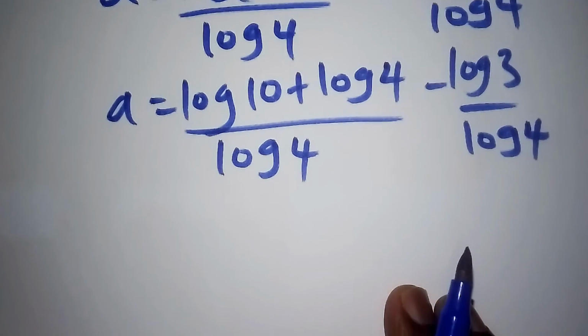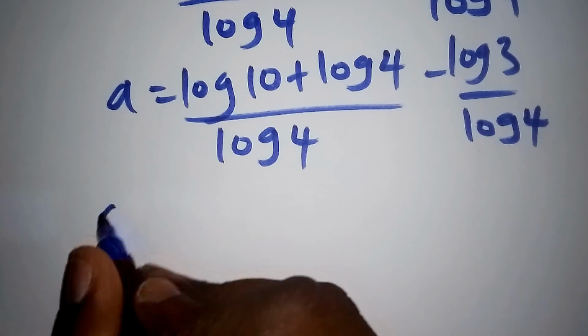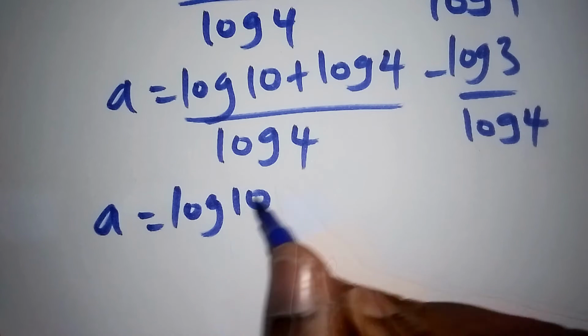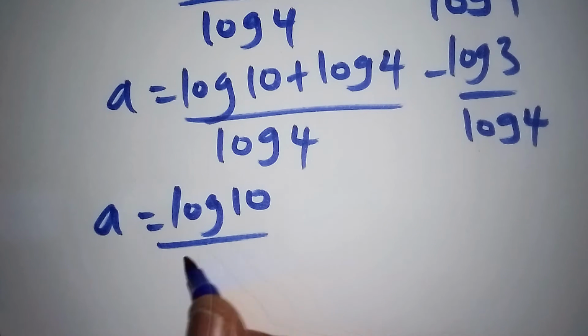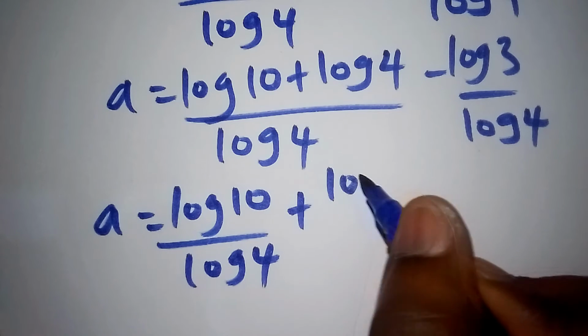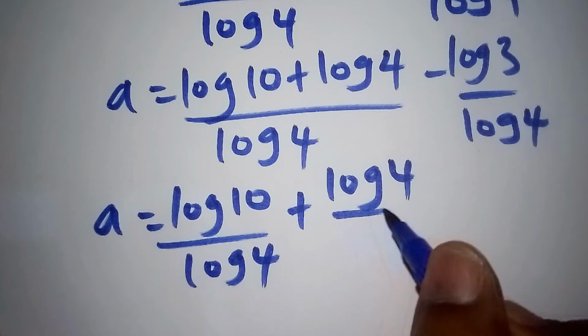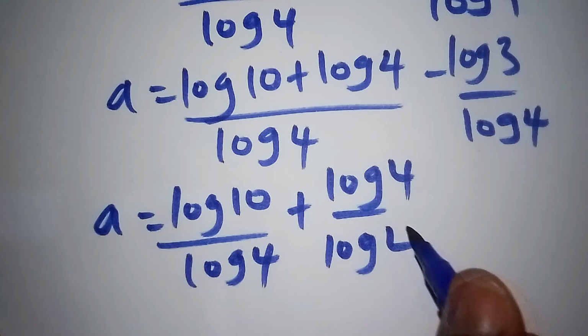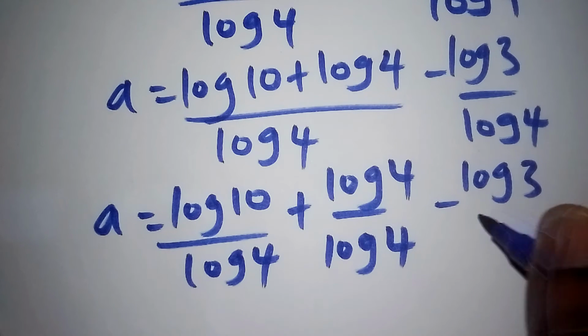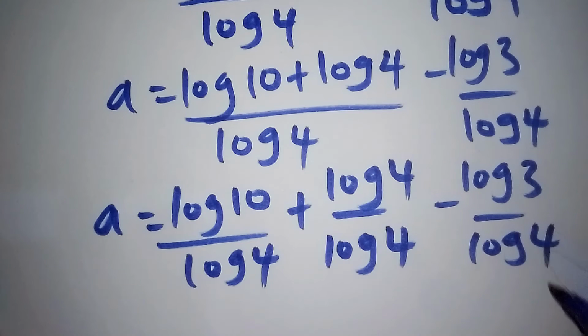Our next step: a is equal to the log of 10 all over the log of 4, plus the log of 4 all over the log of 4, minus the log of 3 all over the log of 4.